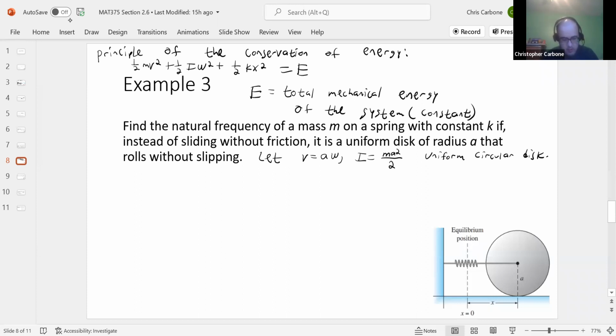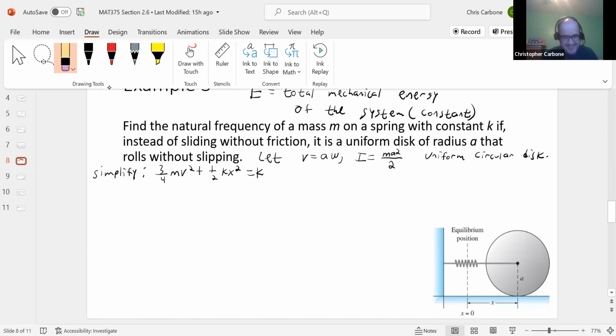So we can simplify our equation to be 3/4 times mv squared plus a half kx squared is equal to E. And that's supposed to be an E, not a K.